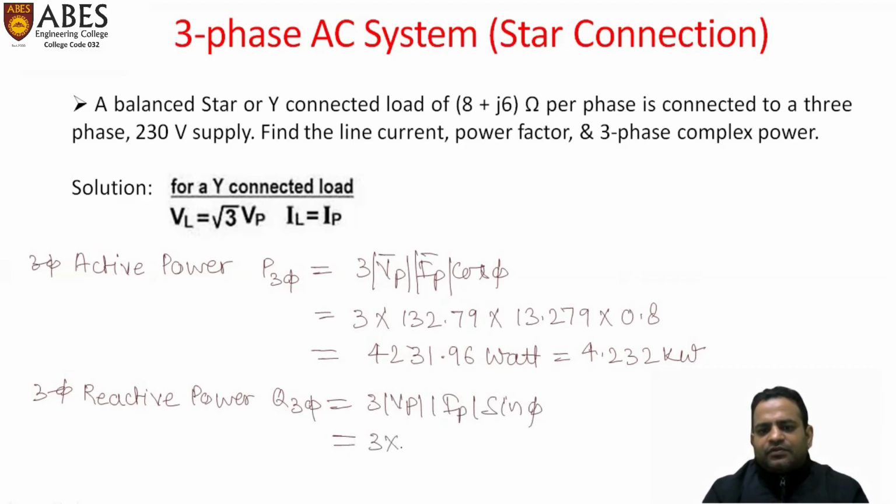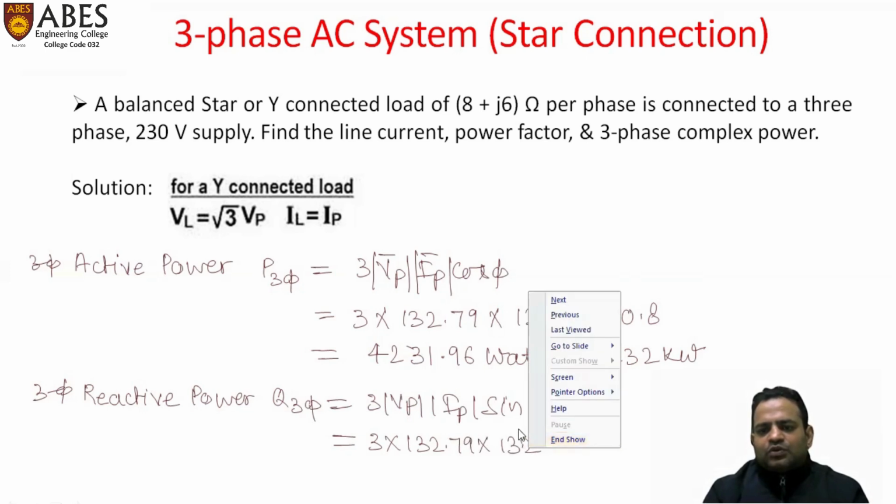So thrice of Vp, again 132.79, into 13.279, into sin phi.